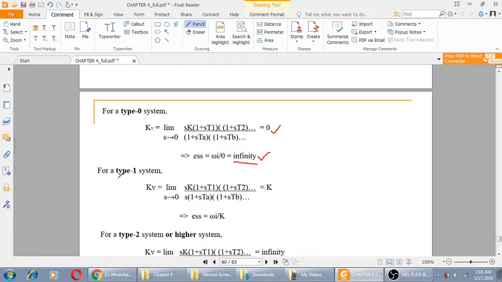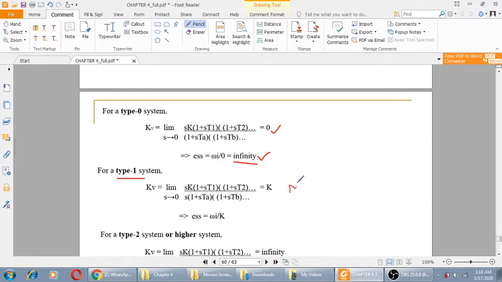Then for a type 1 system, K_v equals the limit as s tends to 0 of s times the standard formula for type 1. There will be an s in the denominator, of course, because the power n equals 1.